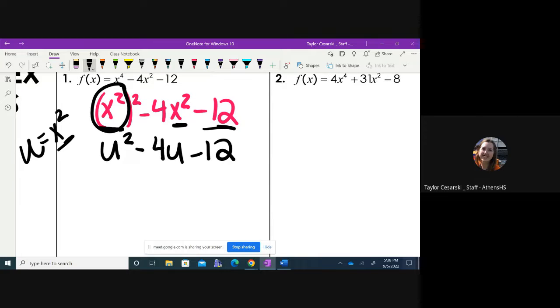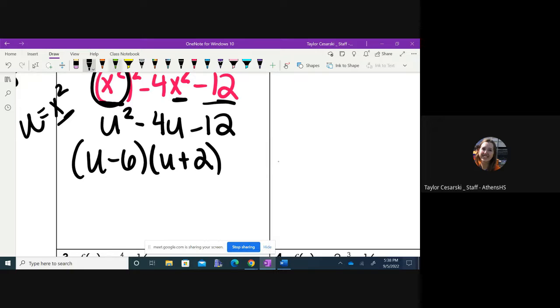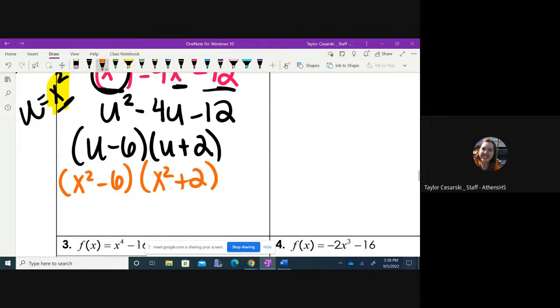So two numbers that multiply to negative 12 and add to negative 4 are negative 6 and positive 2, okay? But then we know that it's not really u that we care about. We really know that u represents x squared. So I'm going to rewrite this as x squared minus 6 and x squared plus 2, okay?